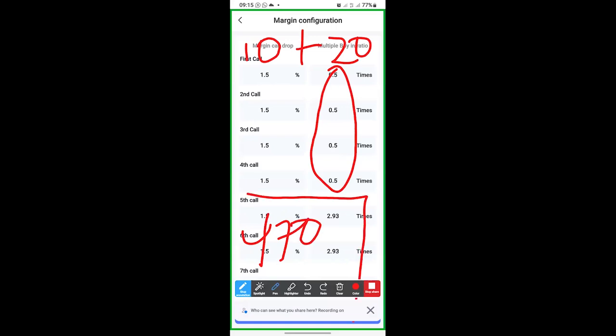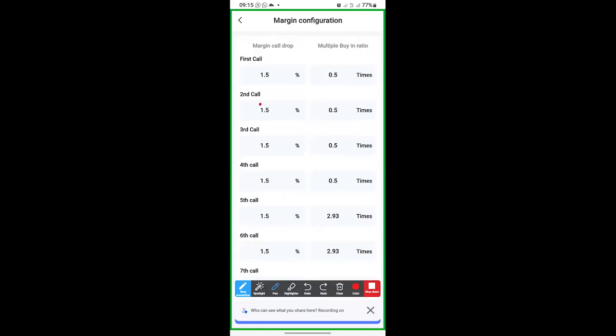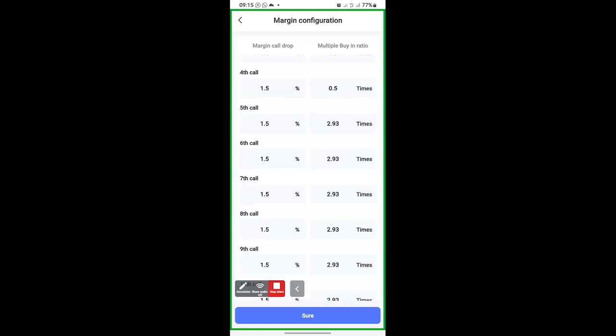Remember the 470, we divided it by the rest of the margin calls starting from number 5 up to the last margin call to come up with 29. It is going to be buying $29 on each and every call in sub, just like that.